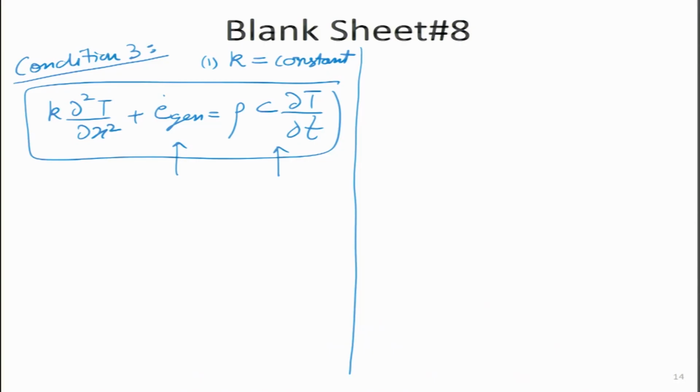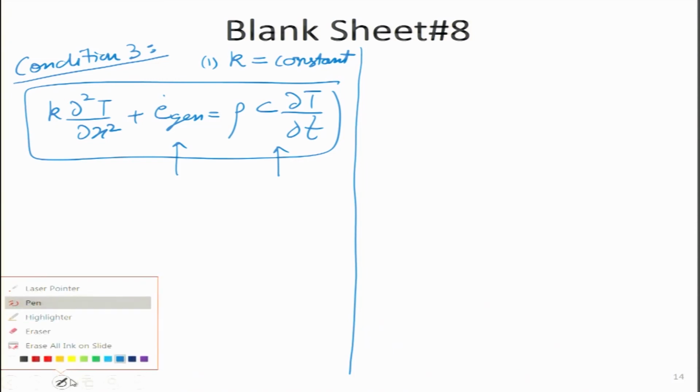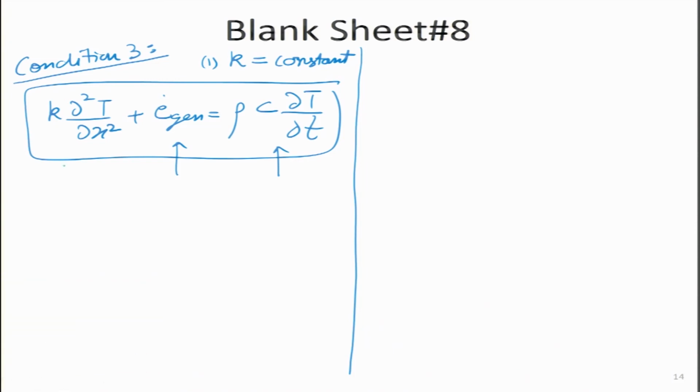Over here, I will just mention some of the ways that are available to solve it. You may notice that this has now become a partial differential equation because two variables are involved, one is x and one is time. Until now, all equations that we had solved earlier were ODEs, because they were all just a function of x.